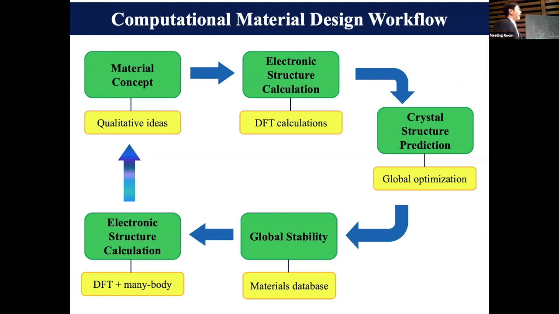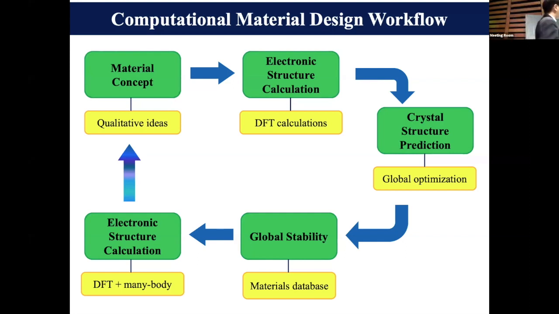In this step, we use the DFT method to check whether our initial intuition is promising or not. If it is, we do the crystal structure prediction by using global optimization, such as an evolutionary algorithm. Once we find a crystal structure, we check whether the material is thermodynamically stable or not.